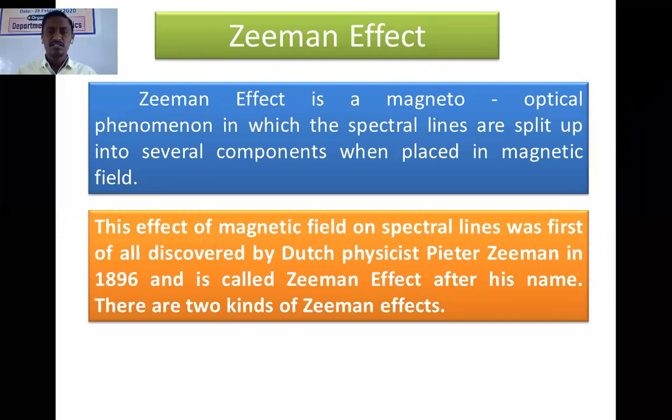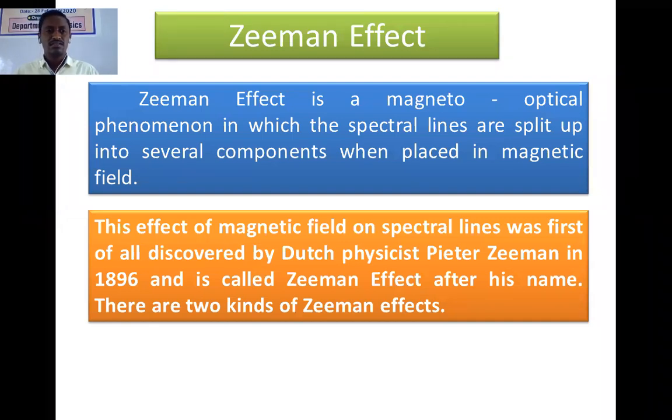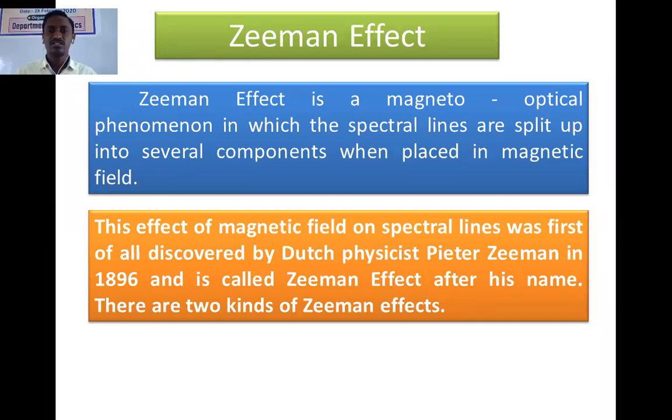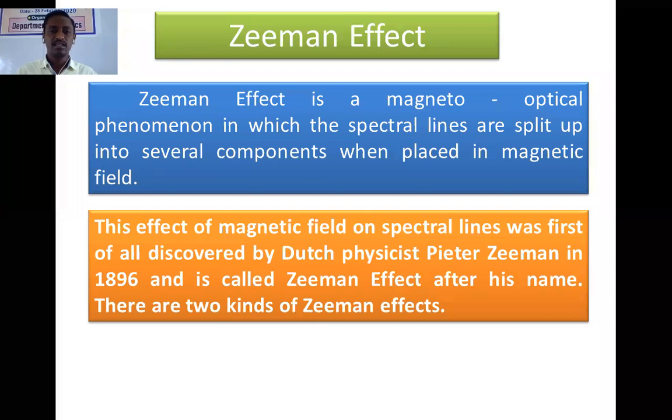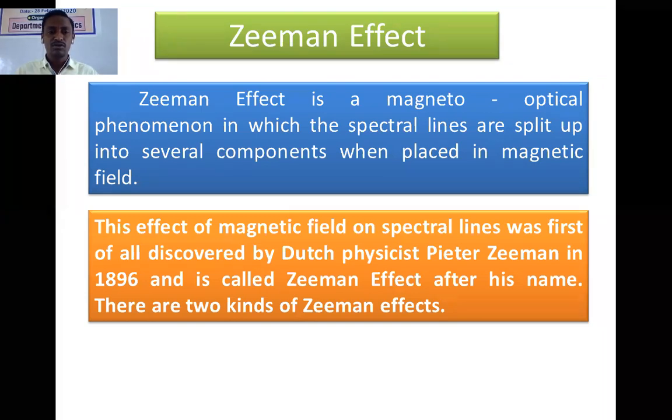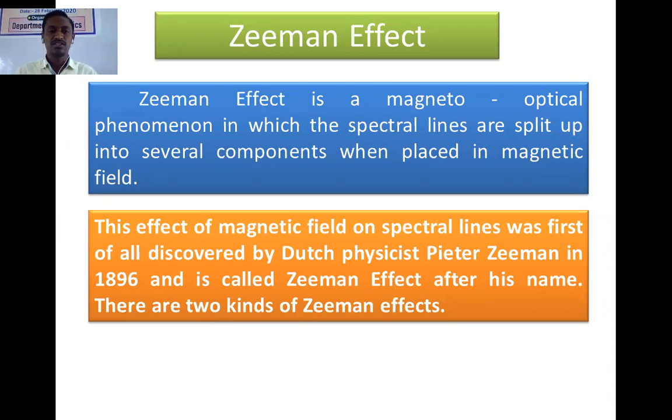As the name tells, it is a magneto-optical phenomenon, meaning whenever a monochromatic light producing the line spectra is placed in an external magnetic field, then the single spectral line in the observation is found to be split up or converted into a number of components. So there is a direct effect of magnetic field on the spectral lines.